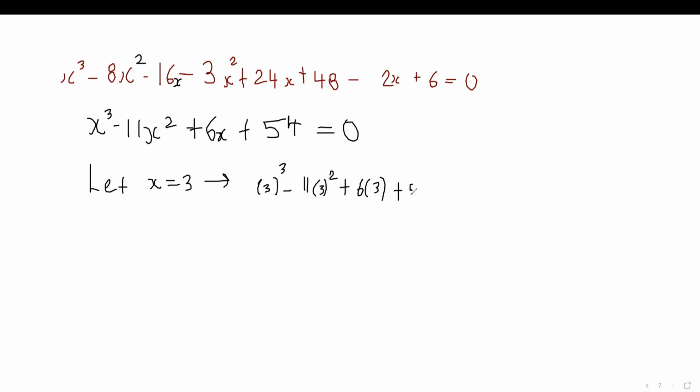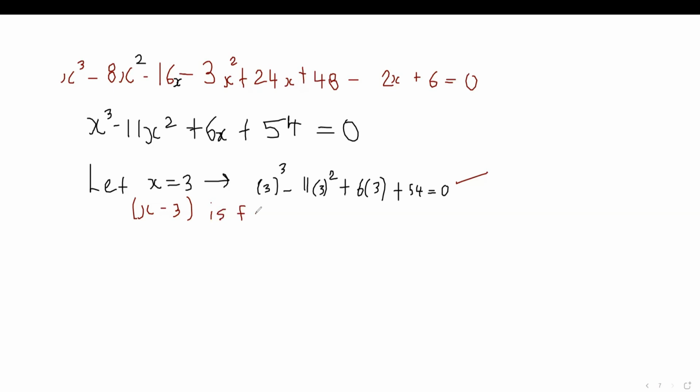You can tell them that this is indeed equal to 0. Since this is equal to 0, we're good. You can tick it, because that means that x minus 3 is a factor.